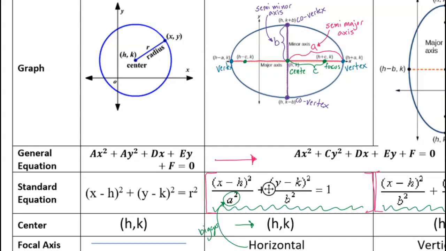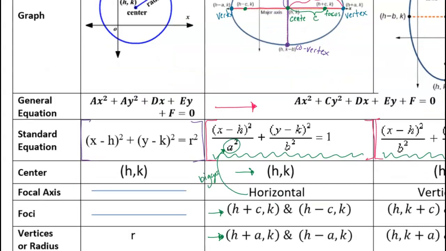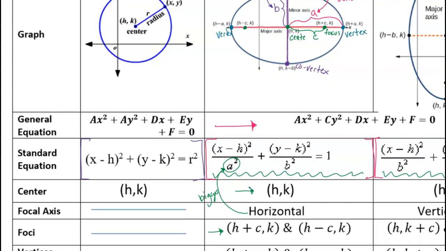However, just like we learned with ellipses, we really want to concentrate on this standard equation for a circle, because this standard equation immediately tells us the center, h and k. H is added or subtracted from x, and k is added or subtracted from y. And remember that these values are backwards.